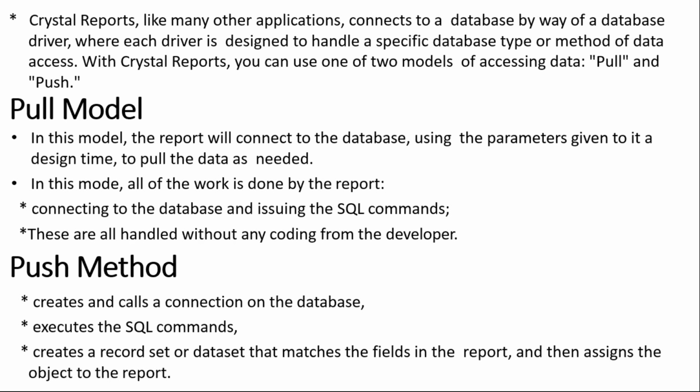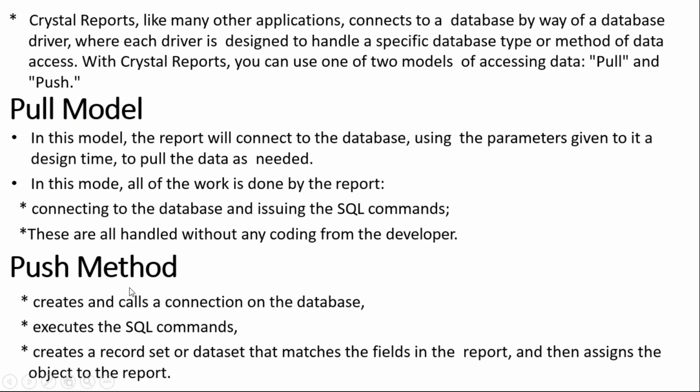And the second method is the push method. The push method says that you don't program anything. You just create and call the connection of the database, and the rest of the things will be managed by Crystal Report itself. That means you don't write much code. You write 2 to 3 lines of code, and then the rest of the things will be managed by your Crystal Reports. So it is the automatic version of Crystal Report. If I differentiate the pull and push methods, the first one is pure programming.